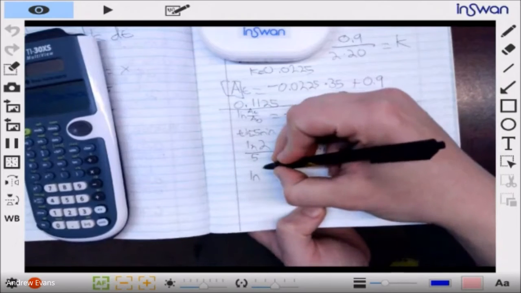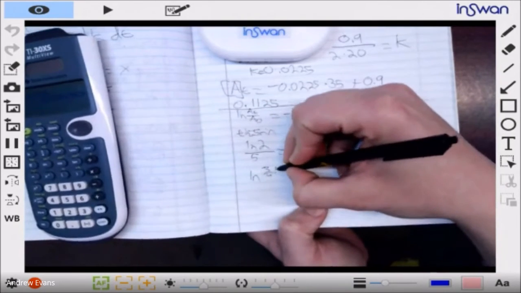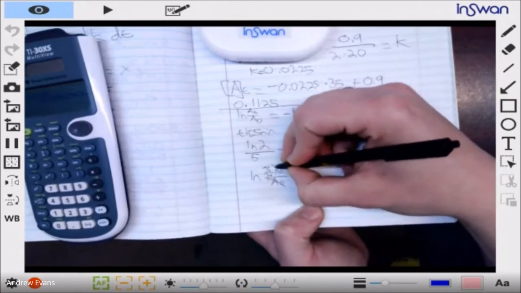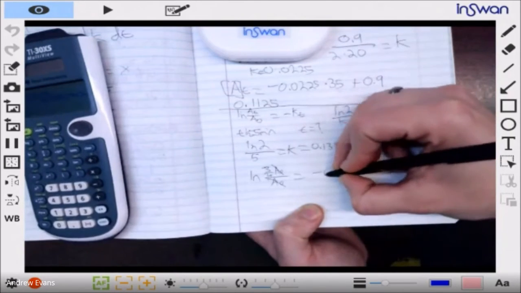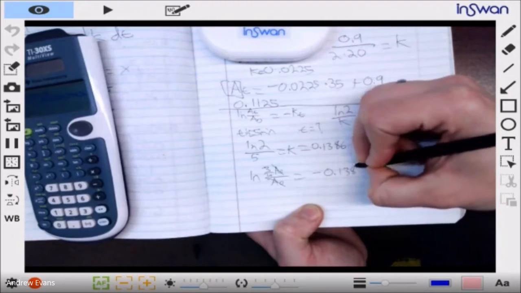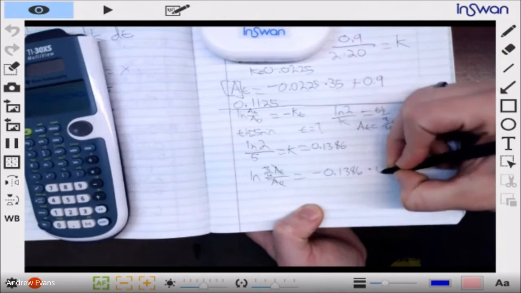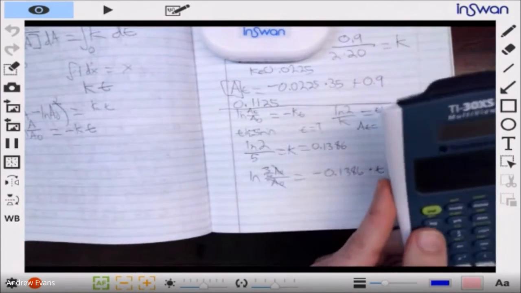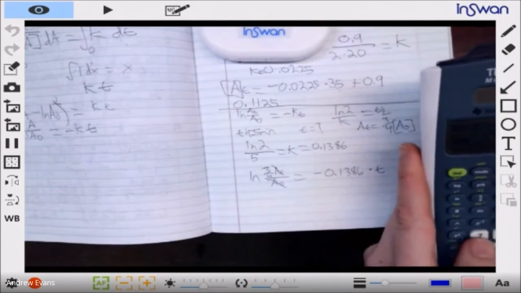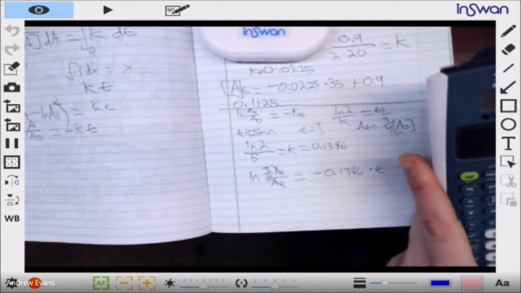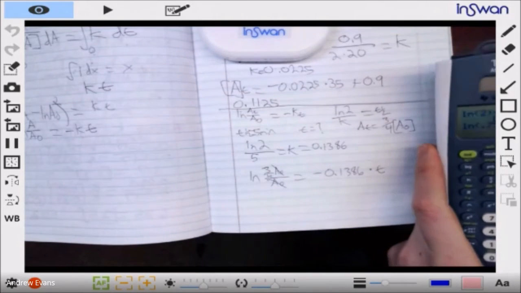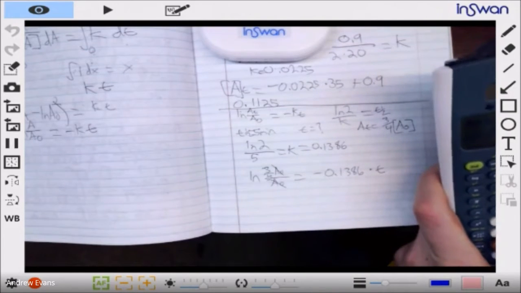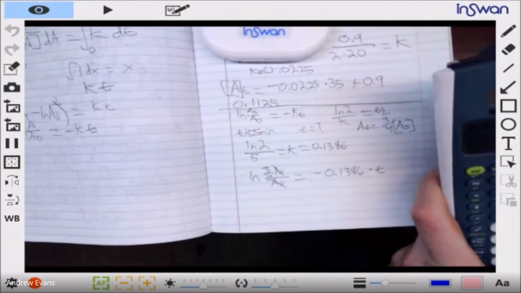So we have ln of 3/4 A sub 0 over A sub 0, the A sub 0 cancels out, equals negative 0.1386 times T. So start with the log of 3/4 or 0.75 and divide that by my negative K. Divide that by negative 0.1386.